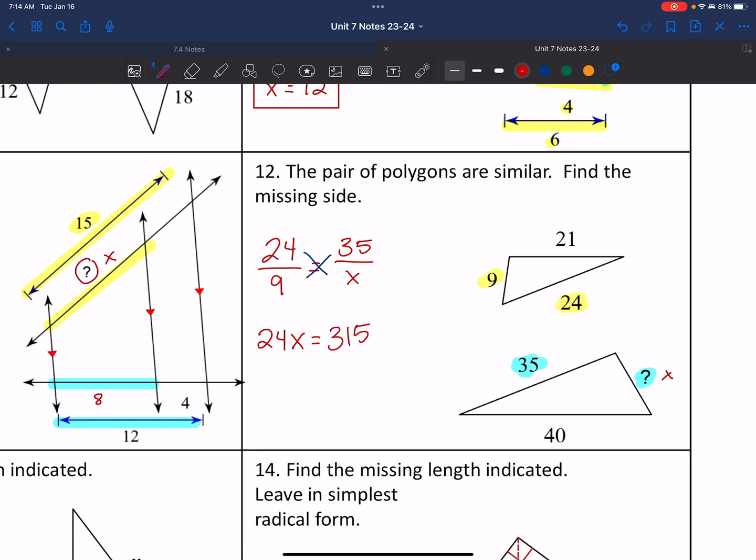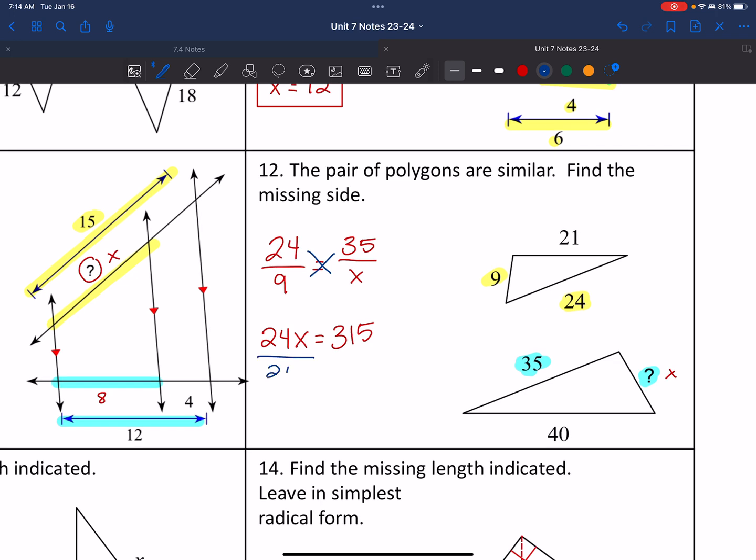Equals 315. And then divide by 24. And so x is going to equal 315 divided by 24, which is 105 over 8, or the same thing as 13.125.